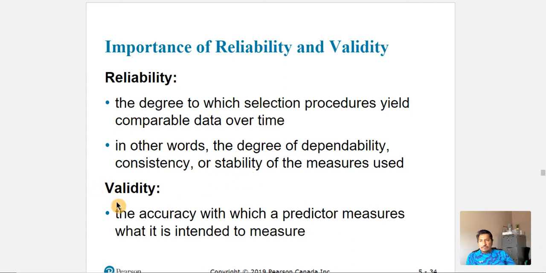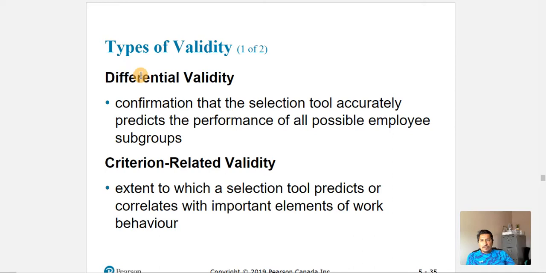Reliability and validity. Reliability is the degree to which selection procedures yield comparable data over time. In other words, the degree of dependability, consistency, or stability of the measures used. Now, validity is the accuracy with which a predictor measures what it is intended to measure. Again, there are types of validity.